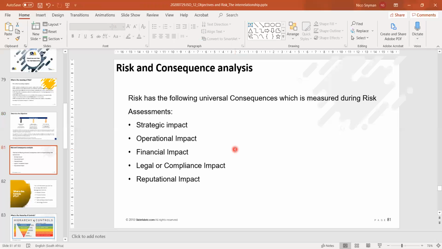Out of that, you are then going to list the causes and the consequences of not reaching your intended objective. And out of that, you are going to be listing your risk, the specific risk that is going to create uncertainty in achieving the objective and having an effect on your objective.